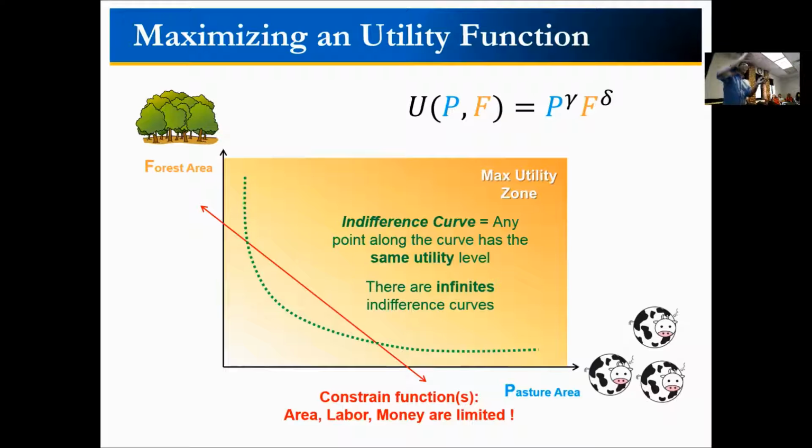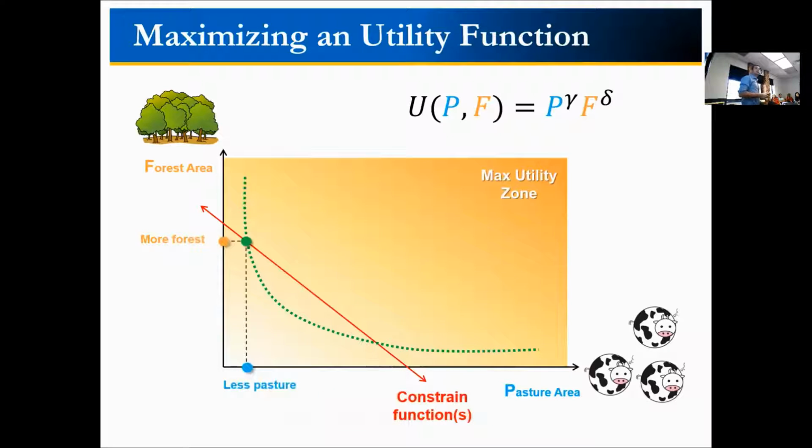They're all the same, but they're just at different heights. Just bear with me, it will make sense. So the idea is you might have the same utility level if you have more forest and less pasture in your farm, or if you have less forest and more pasture. It doesn't matter, it's the same utility, with different bundles.